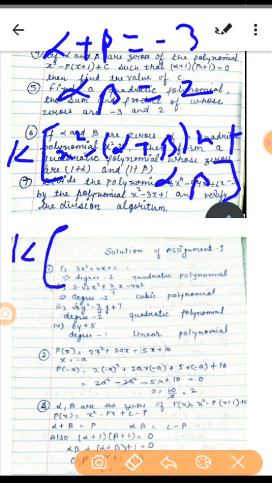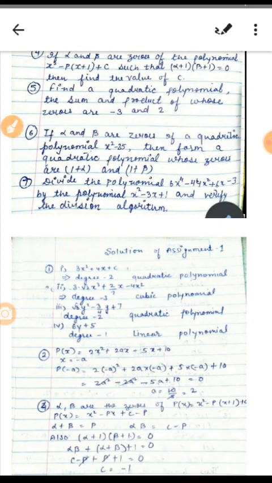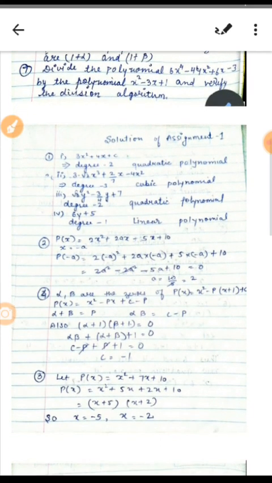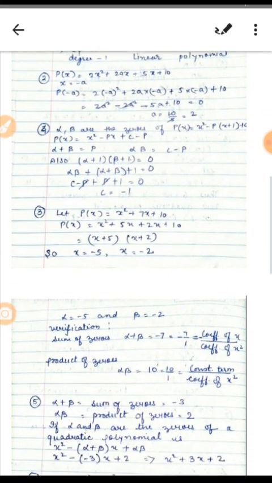So k into x square plus 3x plus 2. So our polynomial will be x square plus 3x plus 2, where k can be any real number.